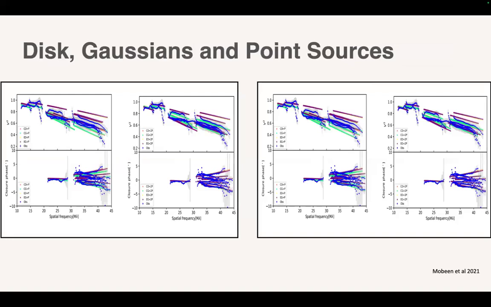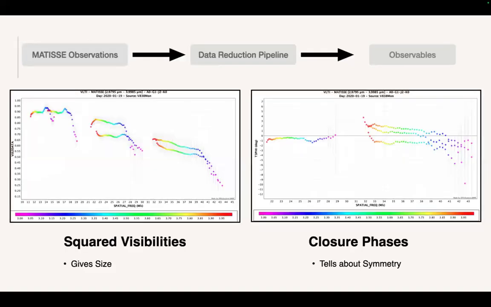I know there are a lot of plots. What we did was we said, okay, we have these quantities. We've extracted the squared visibilities and closure phases from the data reduction pipelines, and each instrument on the VLTI has its own dedicated data reduction pipeline.